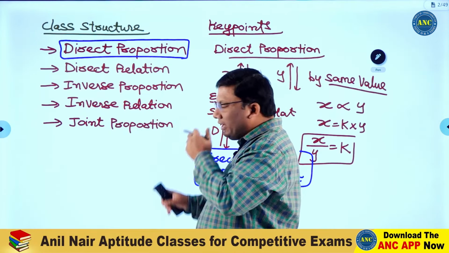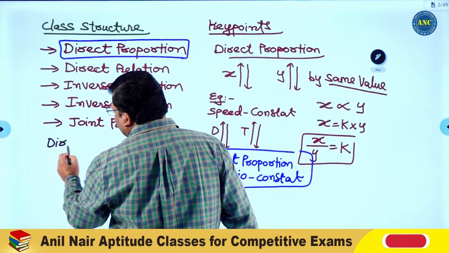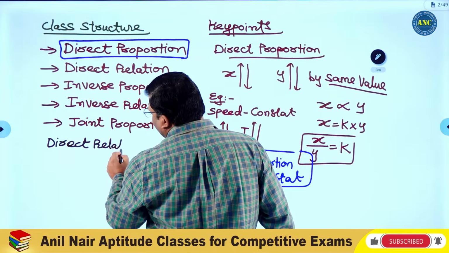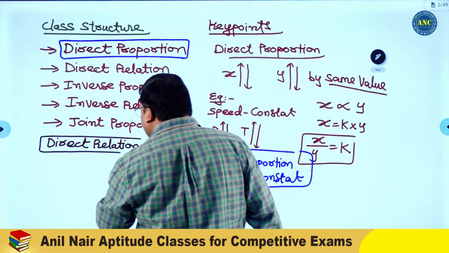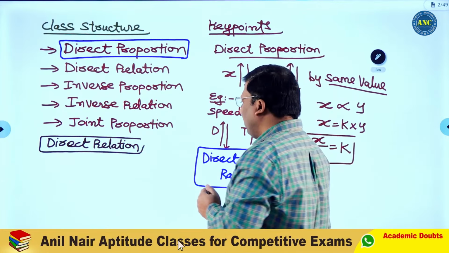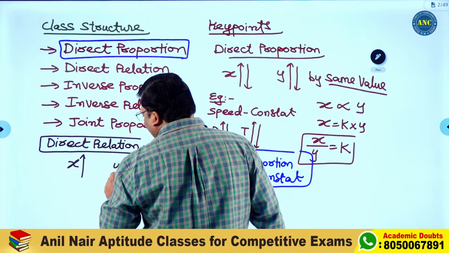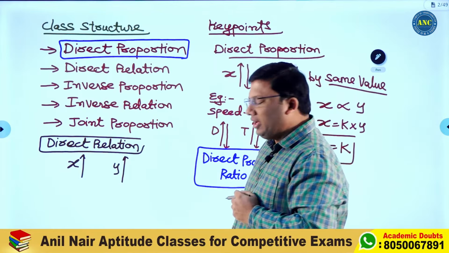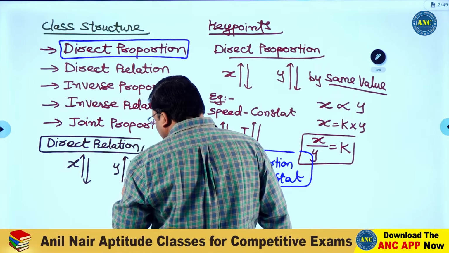Then we will do direct relation. Sir, what is the difference between direct proportion and direct relation? Direct relation only talks about the relationship between two variables, x and y. If x increases, y increases. If x decreases, y decreases.